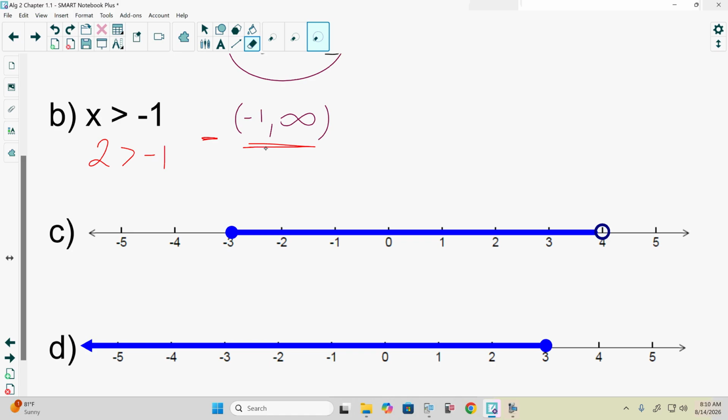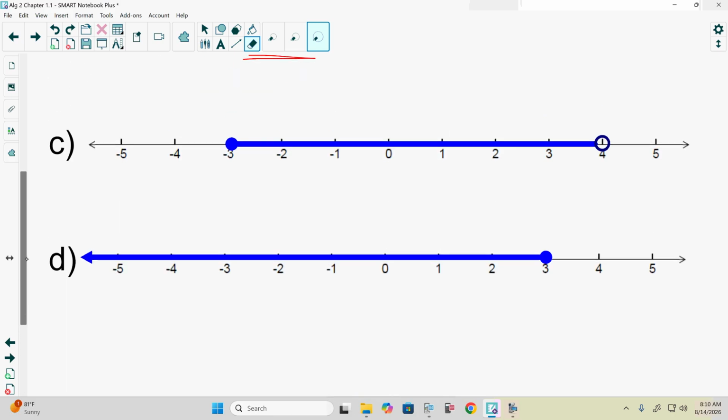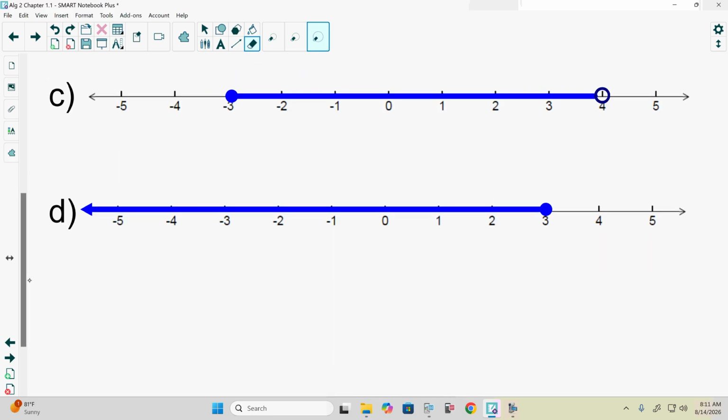And the reason I bring this up, and especially a lot of what we do on, say, the ACT, is that the ACT does give you, some of the times, an inequality like the two we just had, and then a graph, and asks which of the following is the correct graph for that inequality. We know whatever the shaded region, those numbers have to be included in the answer.